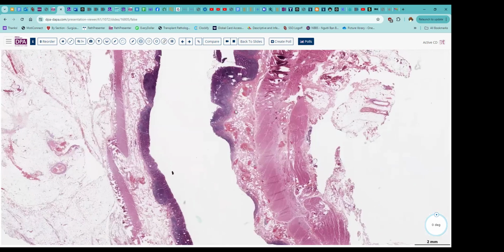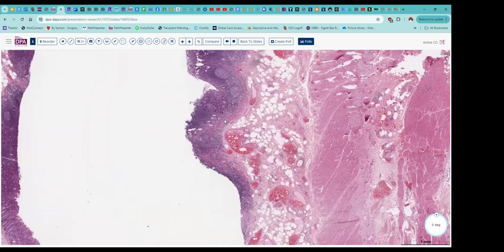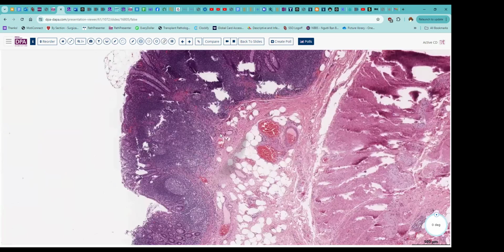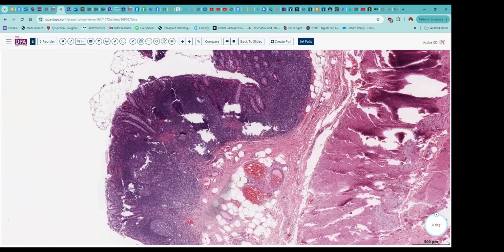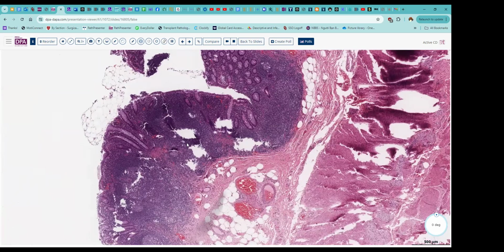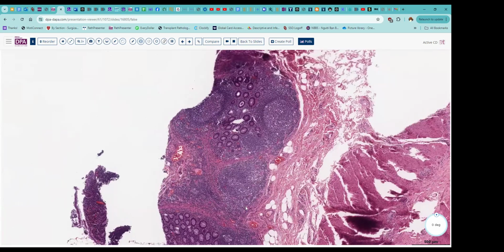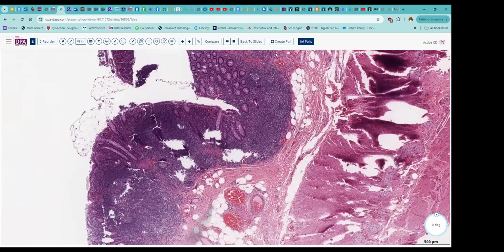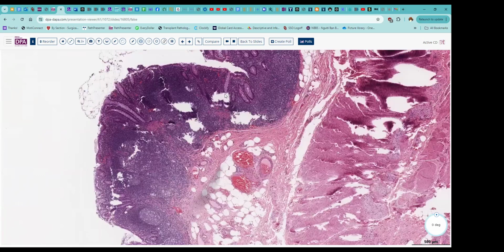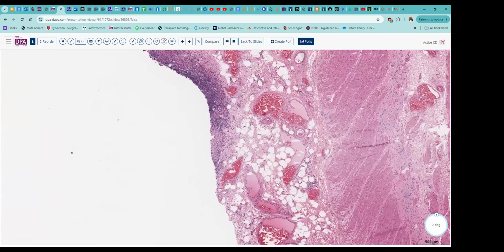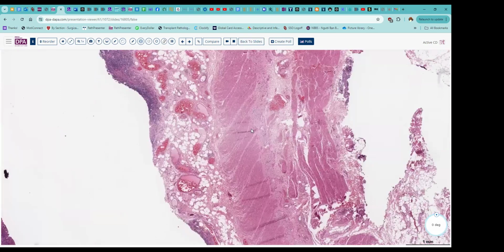We do see vascular congestion. We do see some areas of dense lymphoid inflammation. Certainly we see shortened glands here, a lot of lymphoid aggregate type of change, not much in the way of active crypt abscess formation. So this, I think, was a case where the diagnostic changes of Crohn's disease were present in other sections rather than this section per se.